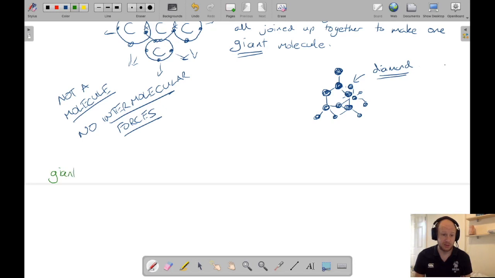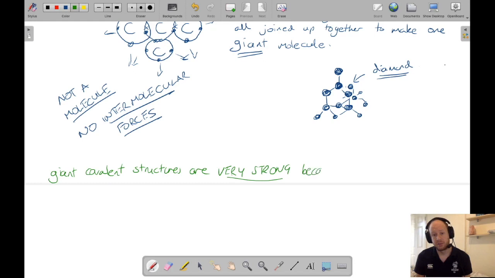Giant covalent structures are very strong because the strong covalent bond is very difficult to break.